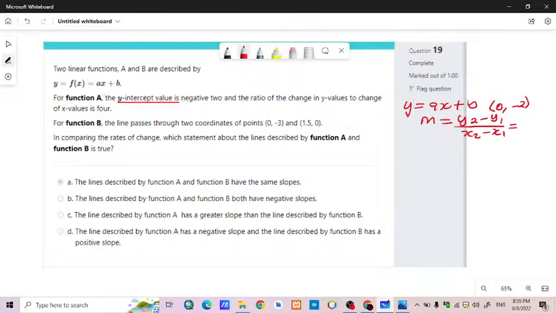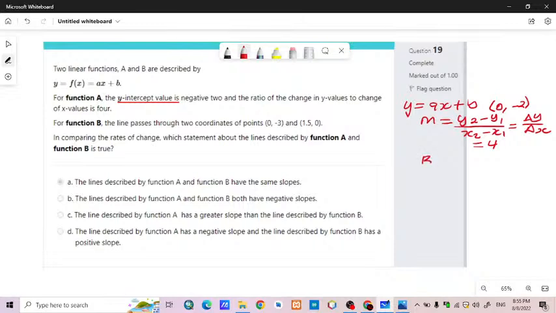So for mathematicians, you could have written it like this, over change in x. Okay, but that's for another day. So we are also given the value for the change in y over change in x, and they told us that it is equal to 4, right?